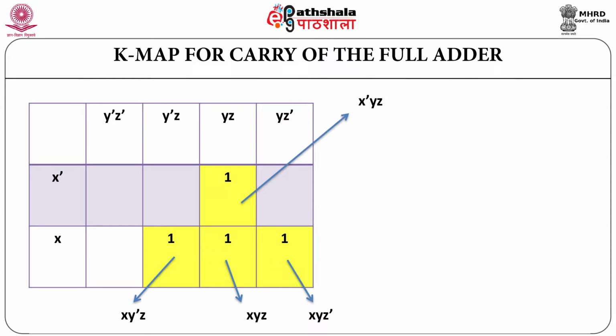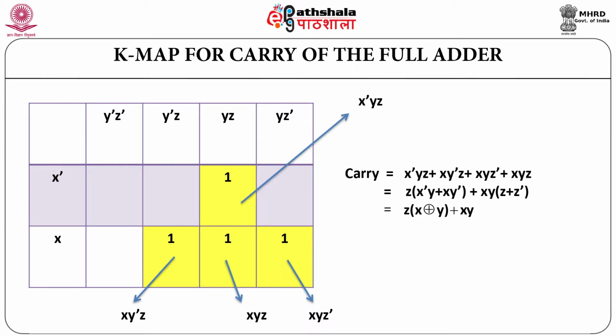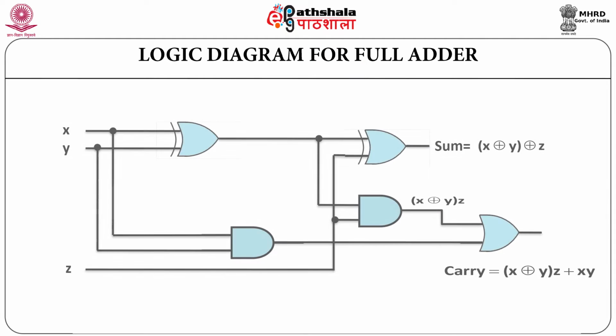The expression for the carry is x exclusive OR y multiplied by z plus x y, and expression for sum is x exclusive OR y exclusive OR z. This full adder can be obtained by using 2 half adders. The first half adder uses x and y, and the second half adder uses the exclusive OR corresponding to x, y and z.